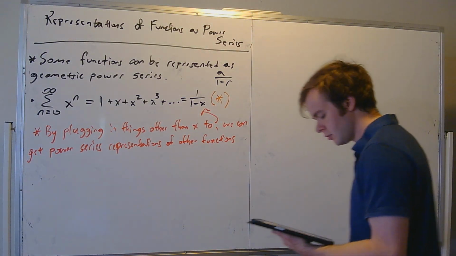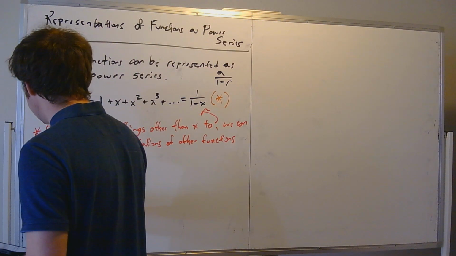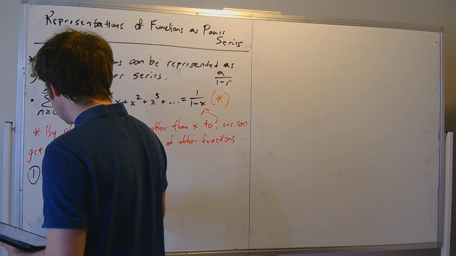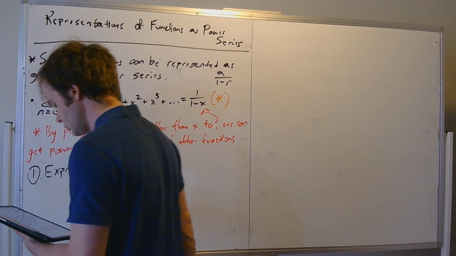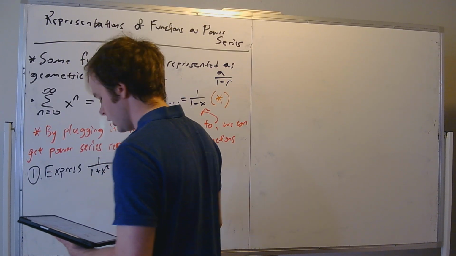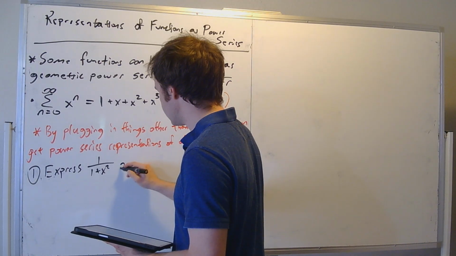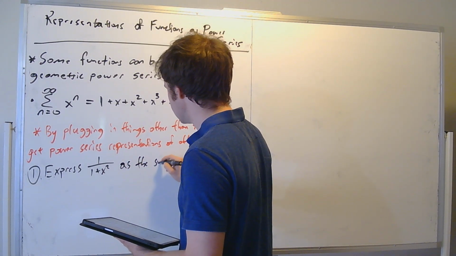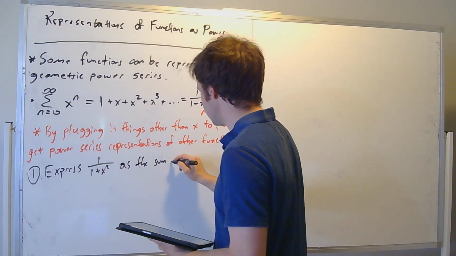So let's start with example number 1. It's going to say express 1 over 1 plus x squared as the sum of a power series.